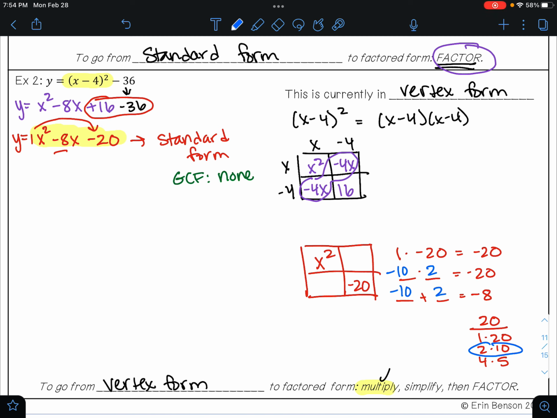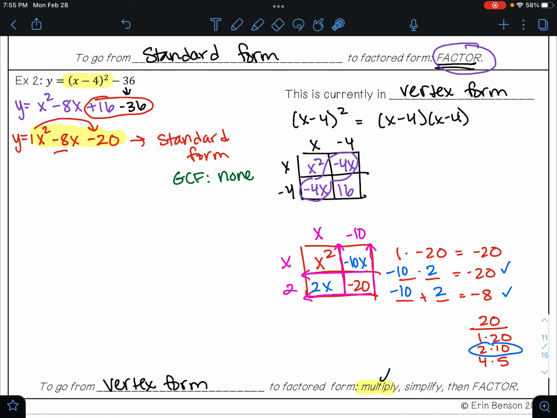Negative 10 times 2 is negative 20, and negative 10 plus 2 is negative 8. So these will be the numbers that go in the empty spaces of my area model. The greatest common factor of my top row is x. The greatest common factor of my bottom row is 2. The greatest common factor of the left column is x. And the greatest common factor of the right column is negative 10.